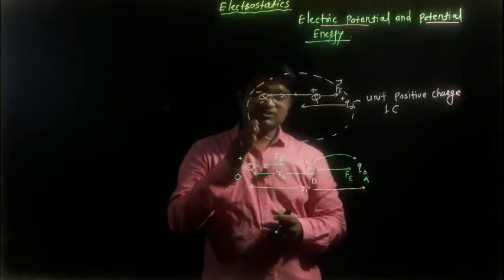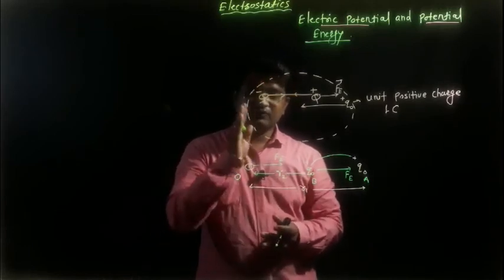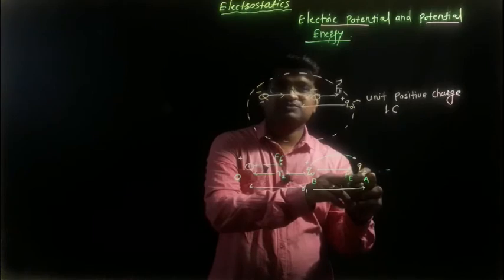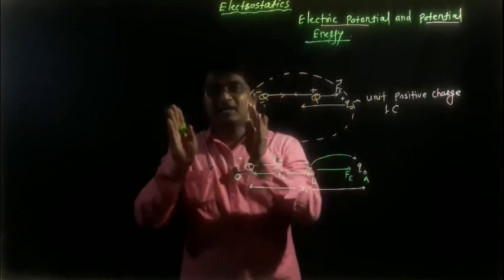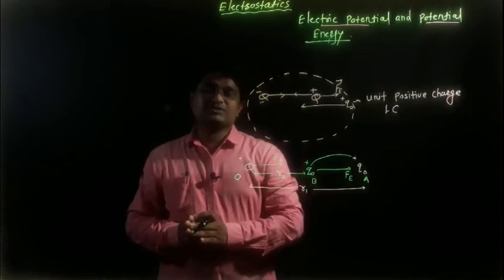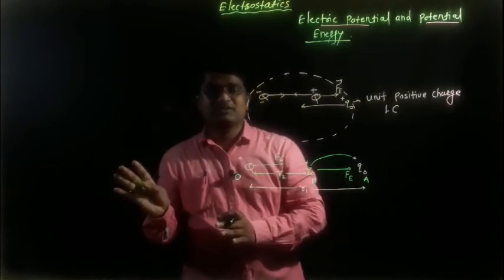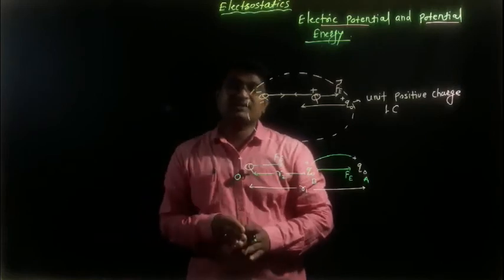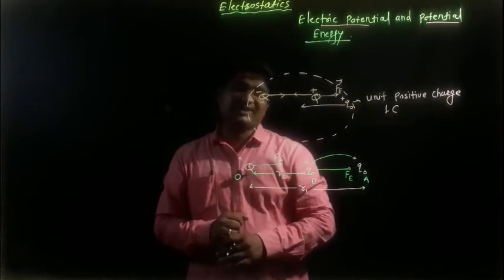So according to this concept, it is very clear that when the unit positive charge, or any one charge, performs work exactly opposite to the electrostatic force, its potential energy will change. It means that the total work done is exactly equal to the change in potential energy.